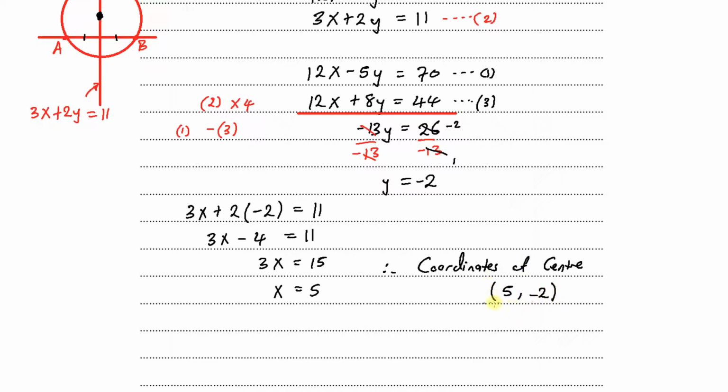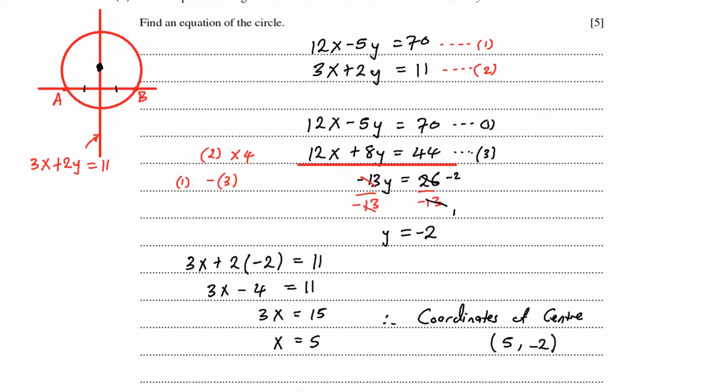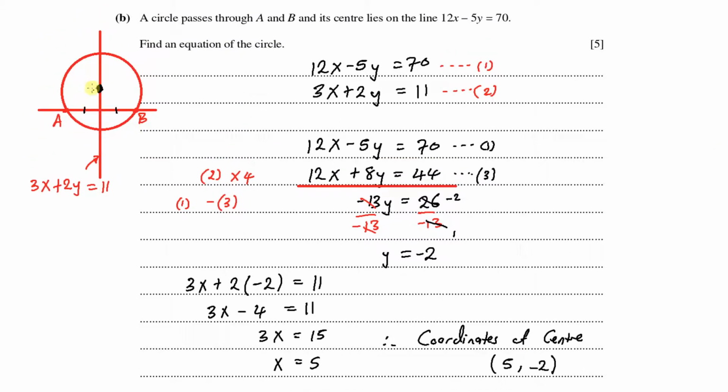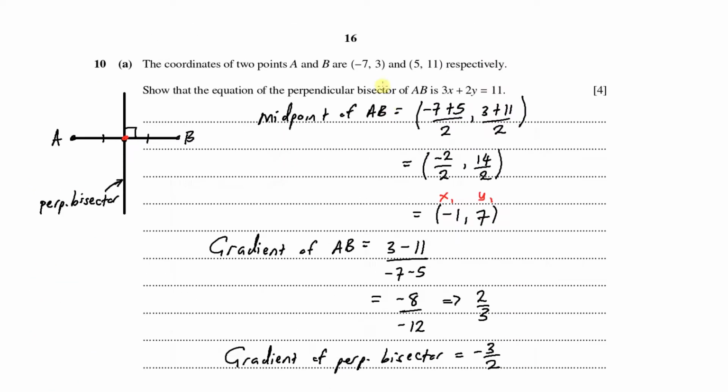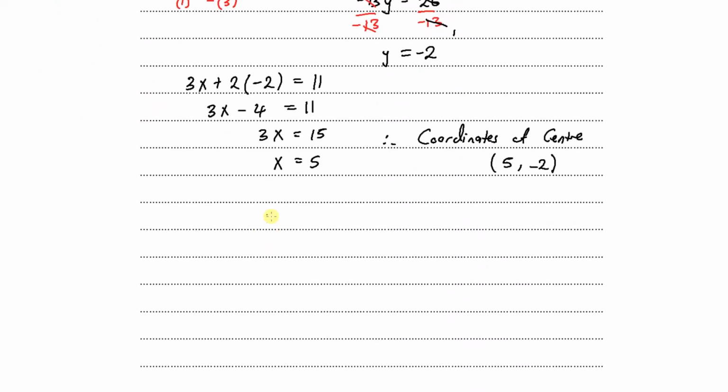So now that I have the coordinates of the center, I can now look for the radius of the circle. So for the radius, I'll use the coordinates of the center and also the coordinates of A. The coordinates of A have been given in the question: the coordinates of A are minus 7 and 3. So A has coordinates minus 7, 3, and the center, which I want to call C, is 5 and minus 2.